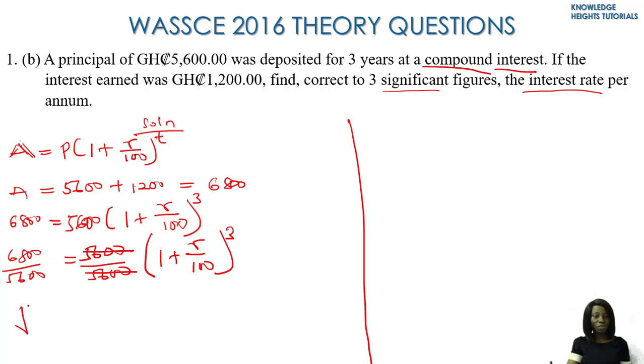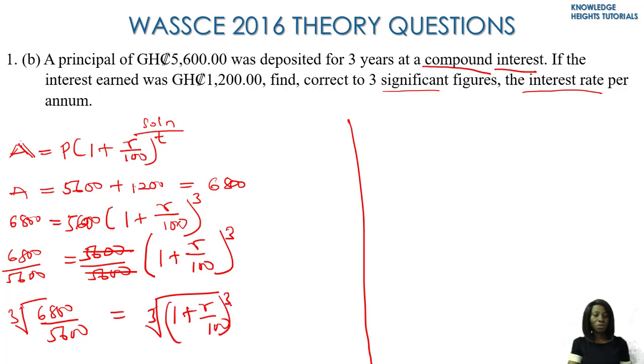So we have the cube root of 6,800 all over 5,600 is equal to the cube root of 1 plus r over 100 all exponent 3. We find that the cube root here will cancel the exponent here. Very simple, right? Then we find the cube root of this figure using our calculator.